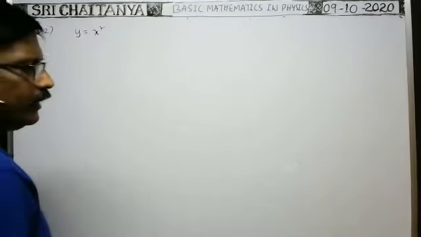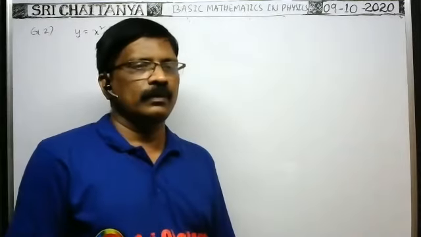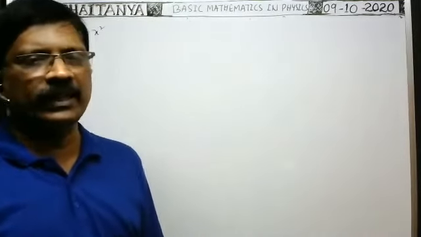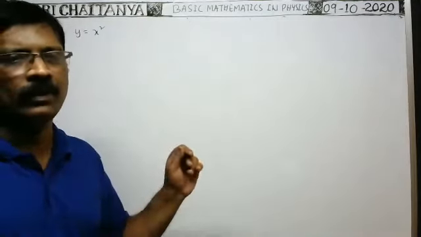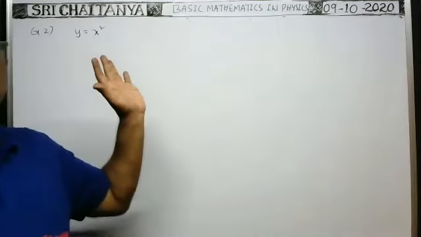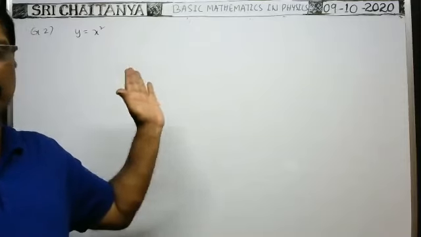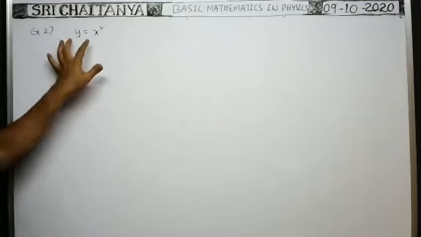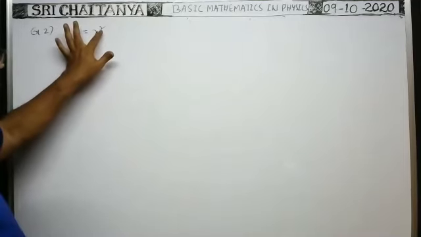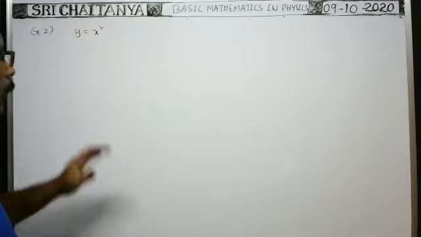The equation y is equal to x square is there. What is the nature of the graph between y and x? You tell me. Yeah, I am discussing a curve. What is the type of the graph? It is a parabola because there are two variables, y and x, in which one variable is having a square.